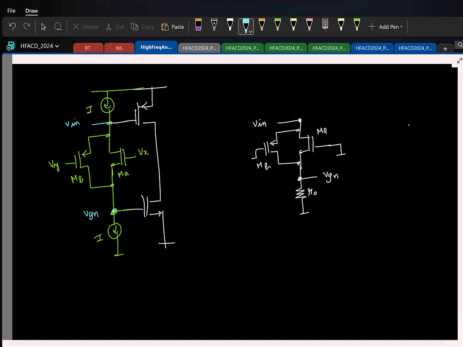So if that is the case, what can you say about the current in this direction, I1? The current through the transistor MA, what is the incremental current? Yeah, it's GM VGS, right? What is the current in this direction if I call it I2? GM VGN, right?